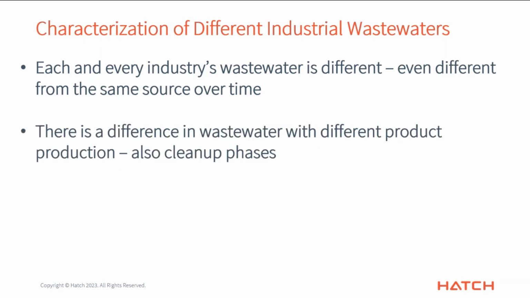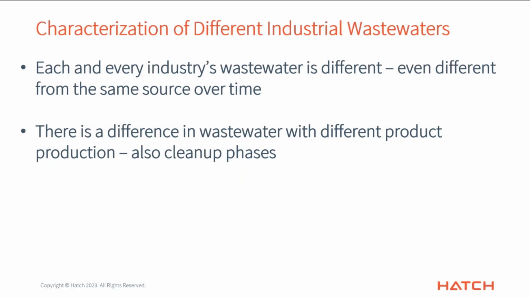There's also difference in the wastewater that might come from a food processing facility under different production schedules. When you're making rice products, that's going to have one kind of wastewater, and if you're making pasta, that's going to have a different kind of wastewater. These are things that you would hopefully want to have an understanding of.